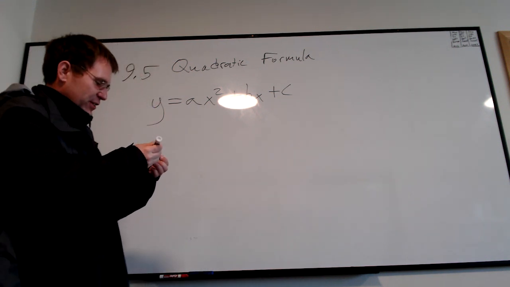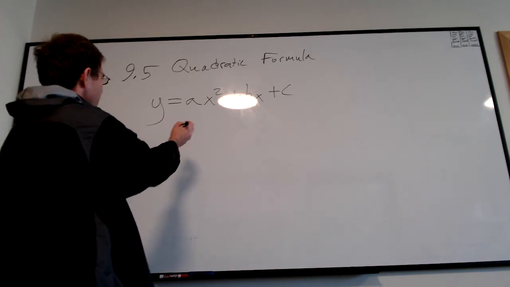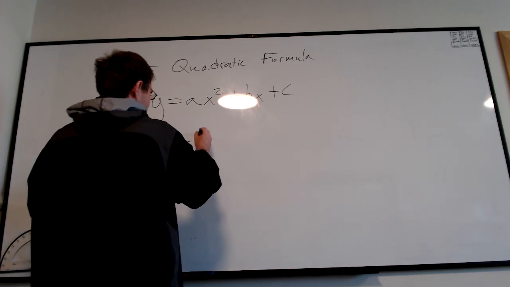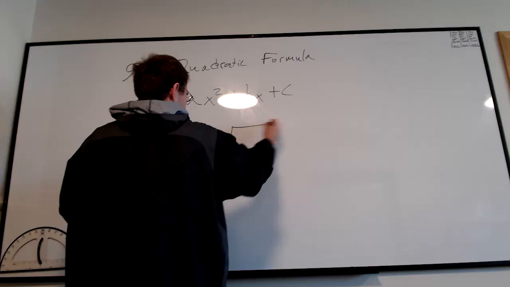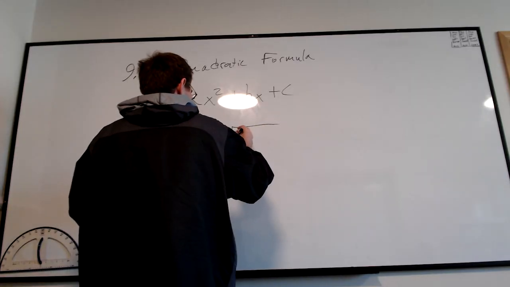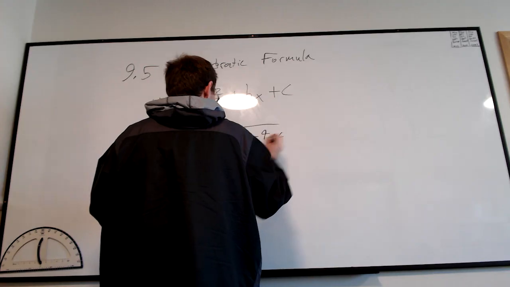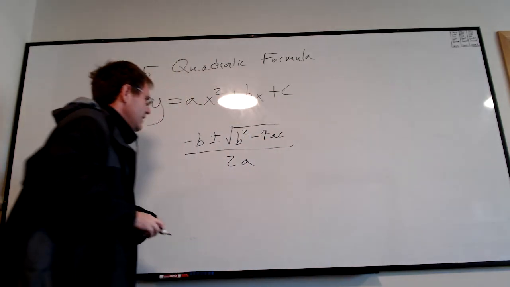Okay, so the quadratic formula is a bit of a mouthful, but it's x equals negative b plus or minus the square root of b squared minus 4ac, all over 2a.